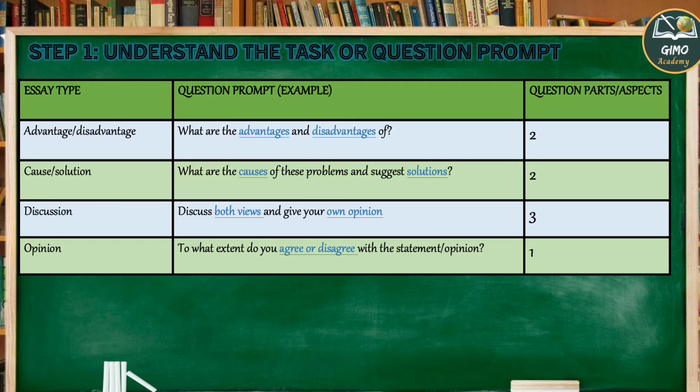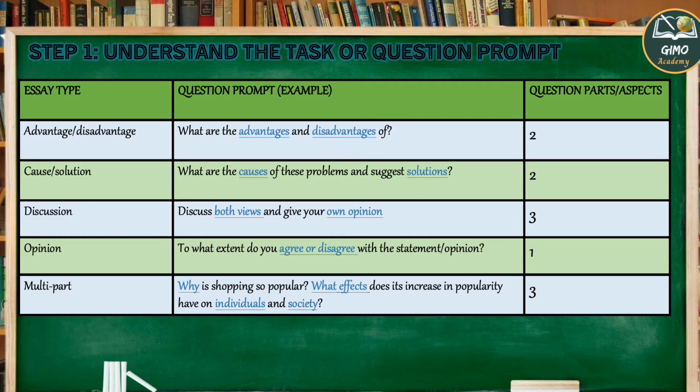For this reason, we have only one part in this kind of question. So we have to either agree or disagree, but some other IELTS candidates usually discuss both sides, that is to say, they agree and also disagree, but it's recommended to either agree or disagree.